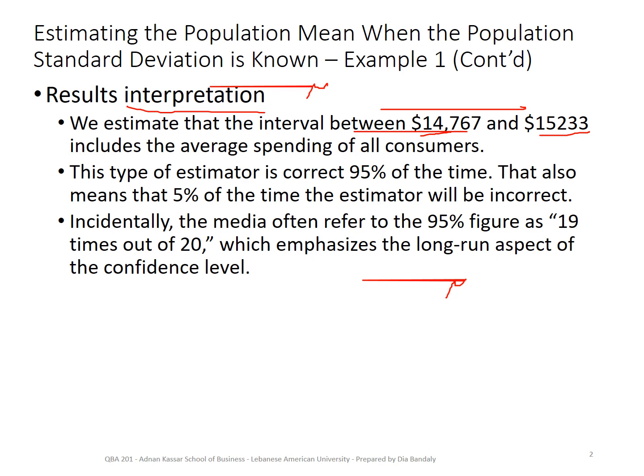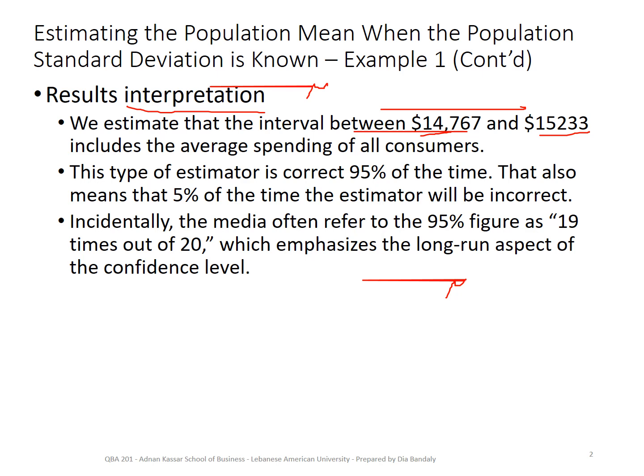I know that many students may not mean that when they make such a probability statement, but just be careful about that. Always remember that mu is fixed. What we are doing is finding an interval, and we are, in this case, 95% confident that this interval includes or contains the population mean, and this is what's important.